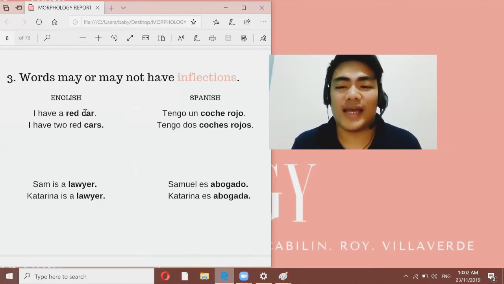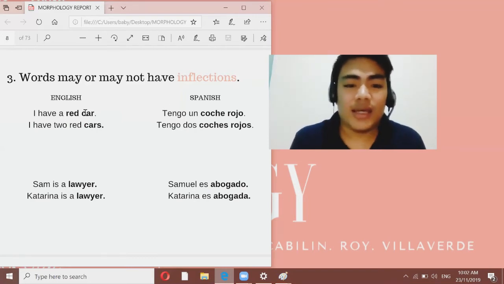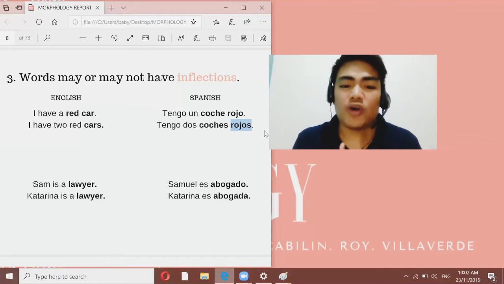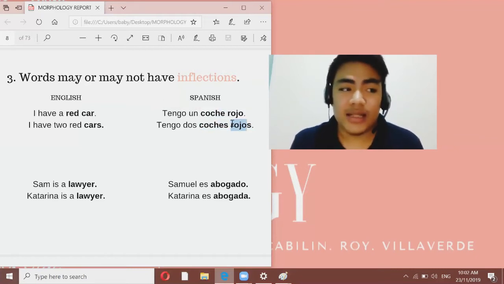We pluralize them by adding s or es. In Spanish, on the other hand, we pluralize not only nouns like coches, but also adjectives like the word red.